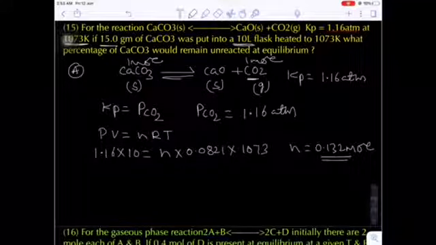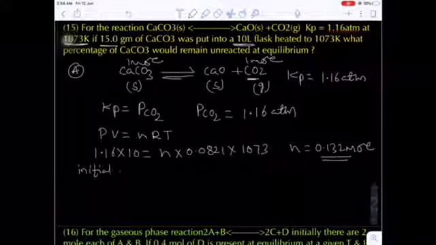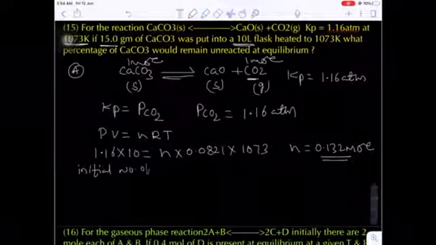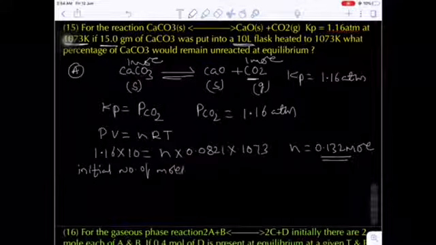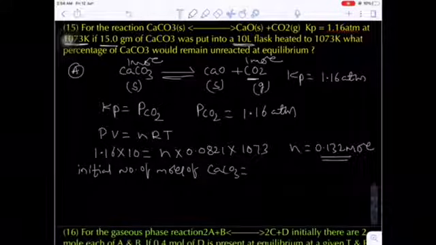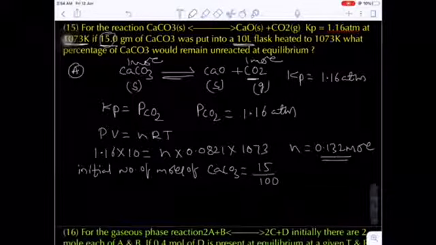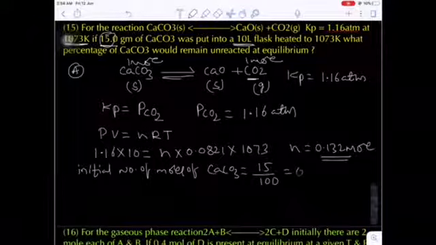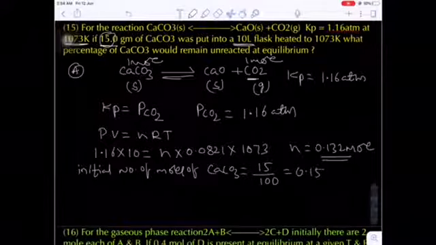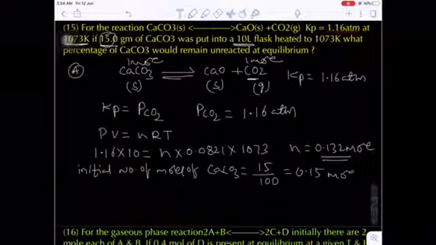Now actually, initially how many grams of limestone is given to you? 15 grams. So first of all, the initial number of moles of limestone. How to find the number of moles? Given mass divided by molar mass. What is the mass of limestone given to you? 15 grams. Molar mass 100, so 0.15.